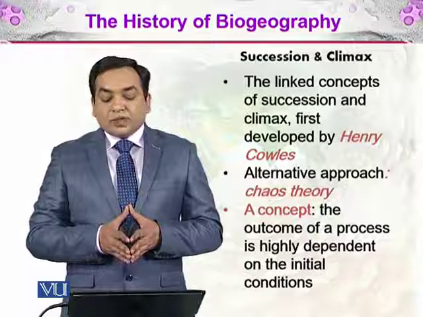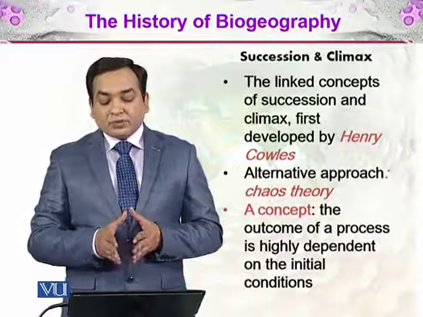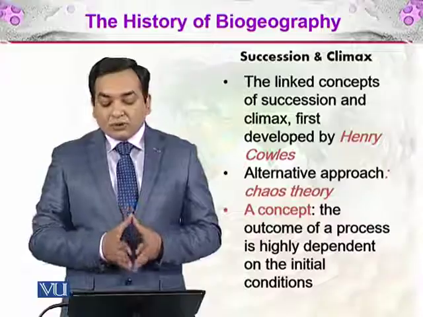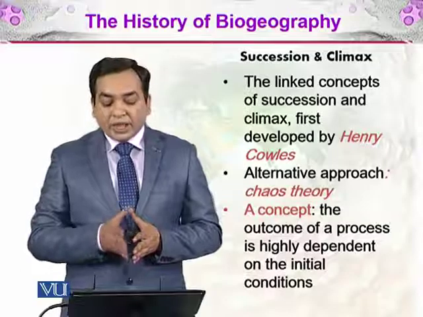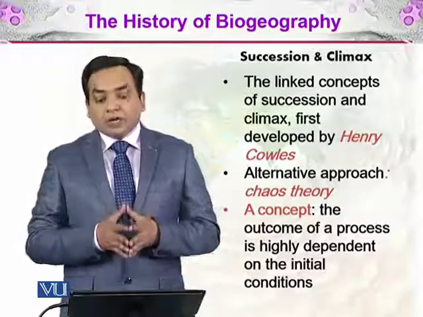Then there are the concepts of succession and climax. The concepts of succession and climax were first developed by Henry Cowles, and there was an alternative approach, which is chaos theory.